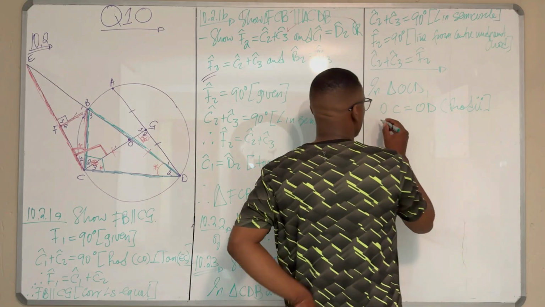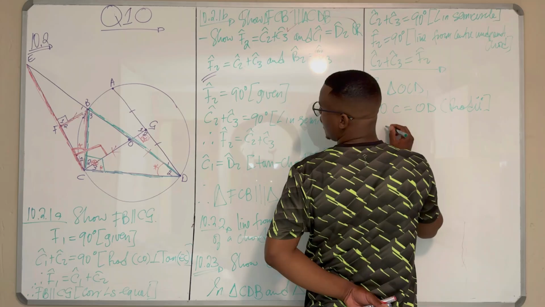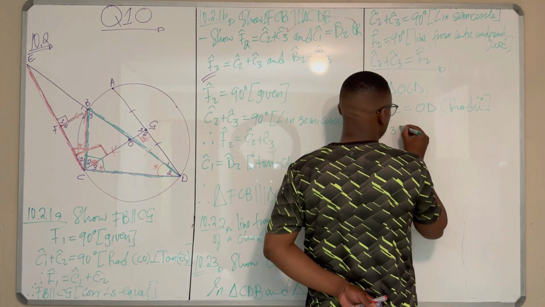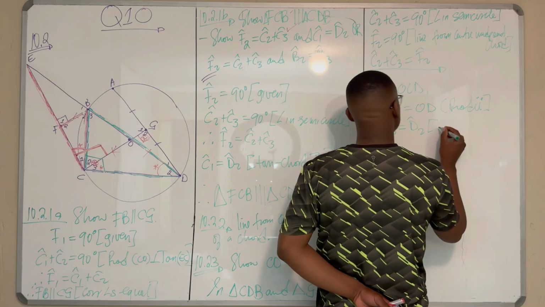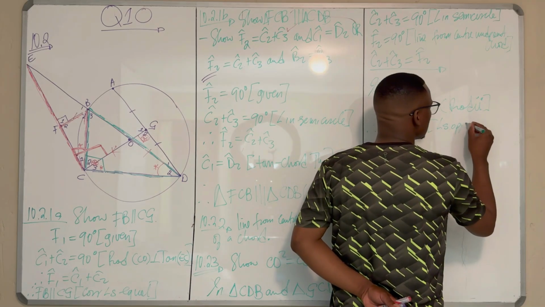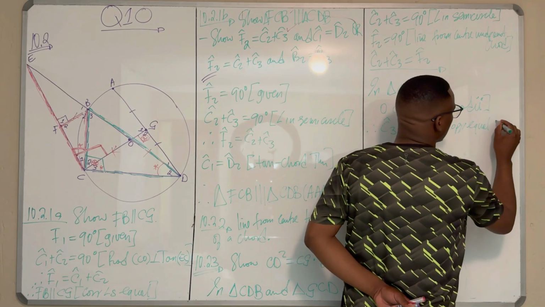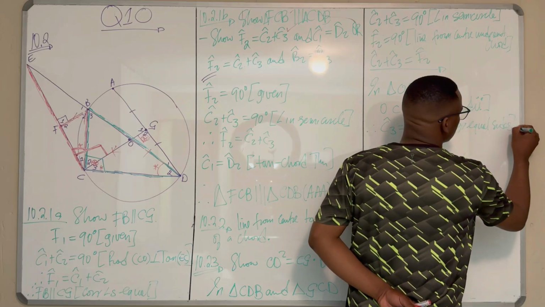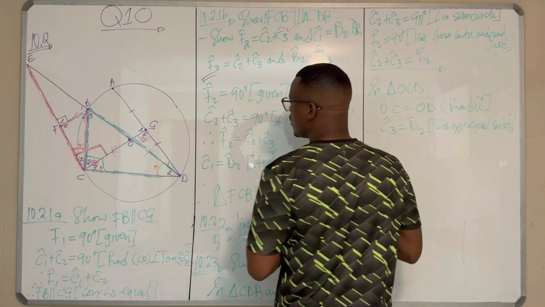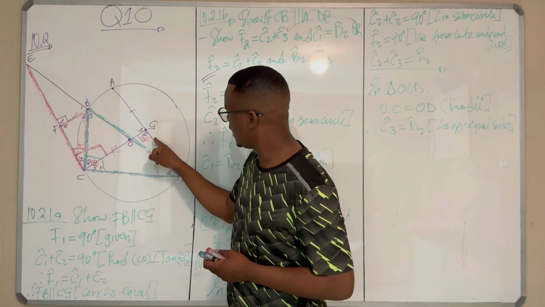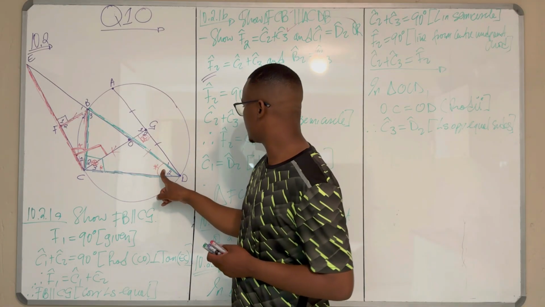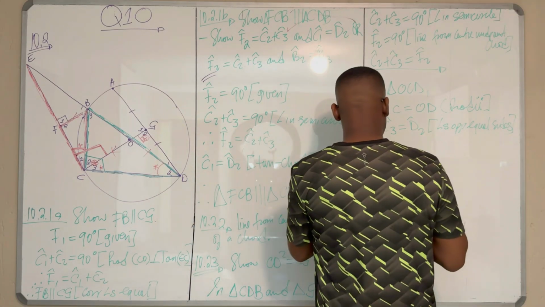So in this case, we say therefore your angle C3 is equal to angle D2. Why? These are angles opposite equal sides of a triangle, so they should be equal. So you have shown in this case that this angle over here is equal to that angle over there, and this angle over here is equal to this angle over there. Therefore, these two triangles are similar.